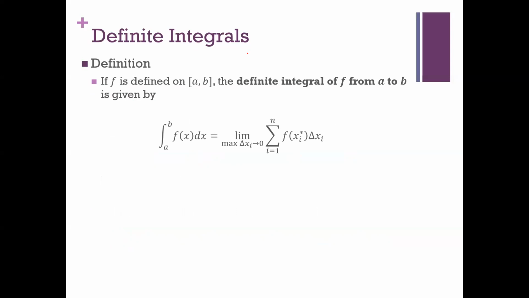You basically treat the function as rectangular areas. If instead of some finite number of rectangles, I'm interested in what happens when those rectangles get infinitely small, then I have this new thing, which is called a definite integral.